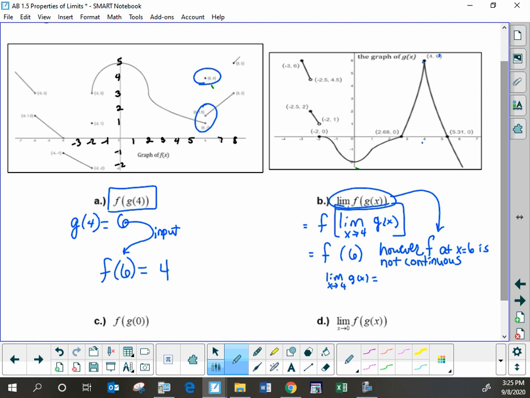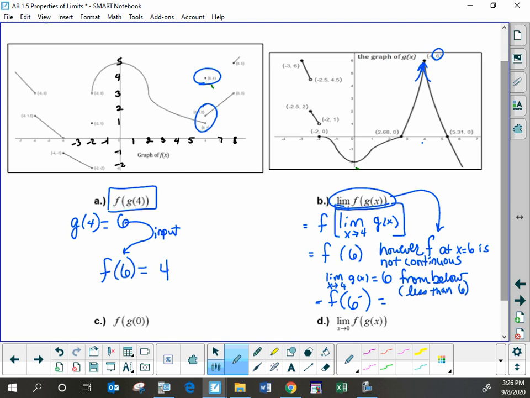All right, so back to the limit as x approaches 4 of g of x. We got an answer out, and that answer was 6. How is it coming into 6? It's coming into 6 from below, or in other words, something less than 6. So now I want to evaluate f at 6 from the underside.